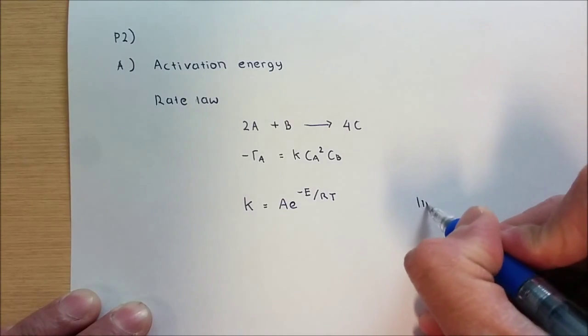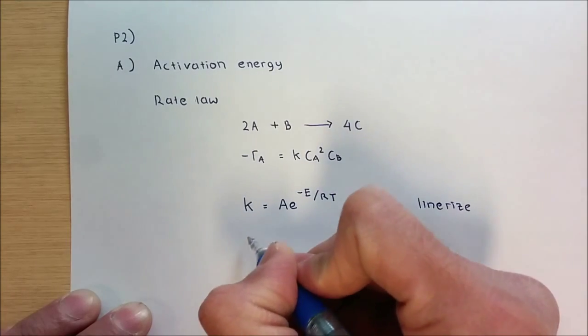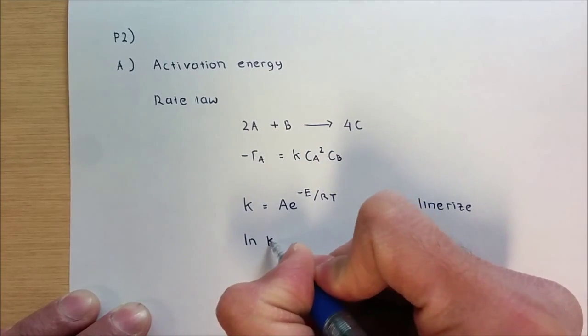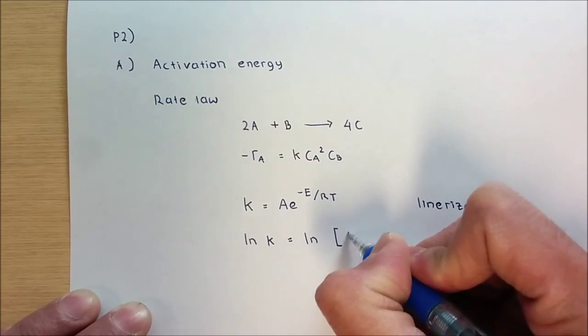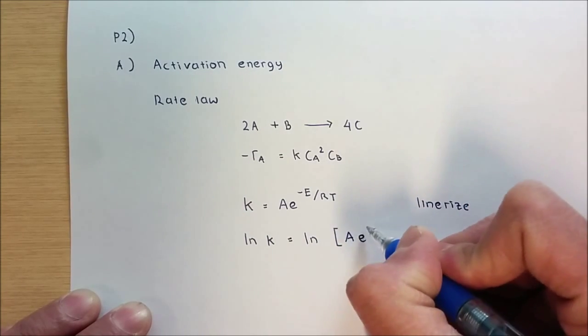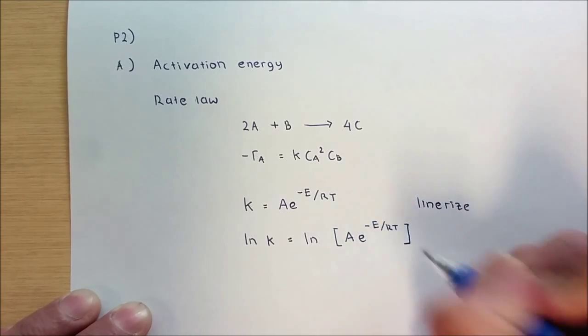If we try to linearize this equation, we can have ln k equal to ln A exponential minus E over RT.